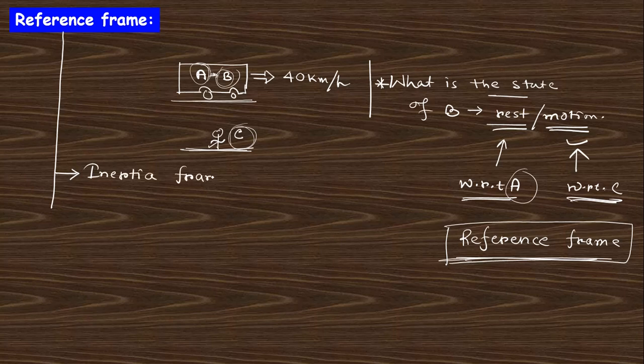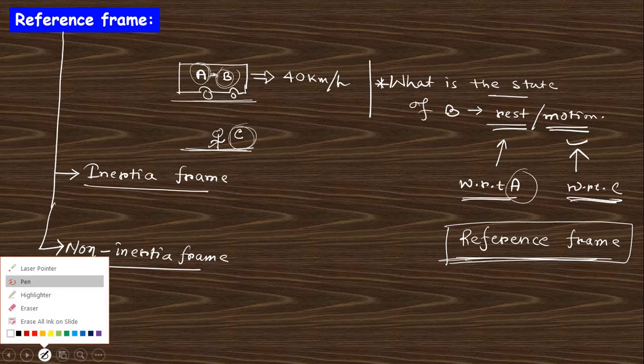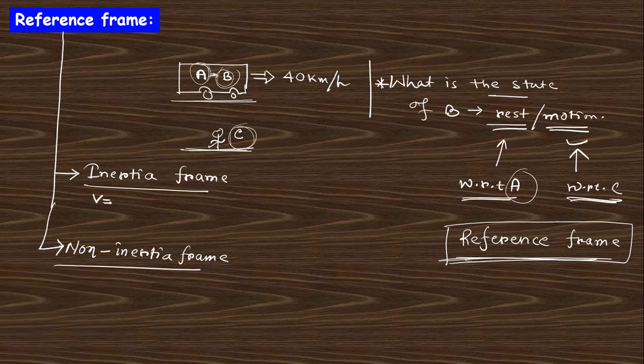inertial frame, and another one is the non-inertial frame. Inertial frame means the frame or system whose velocity will be 0 or constant.